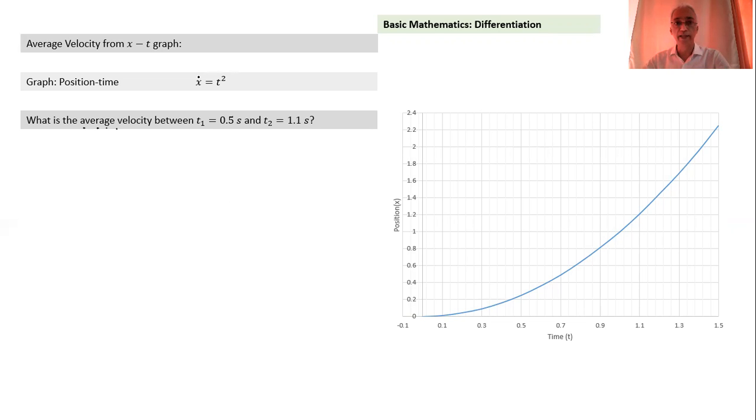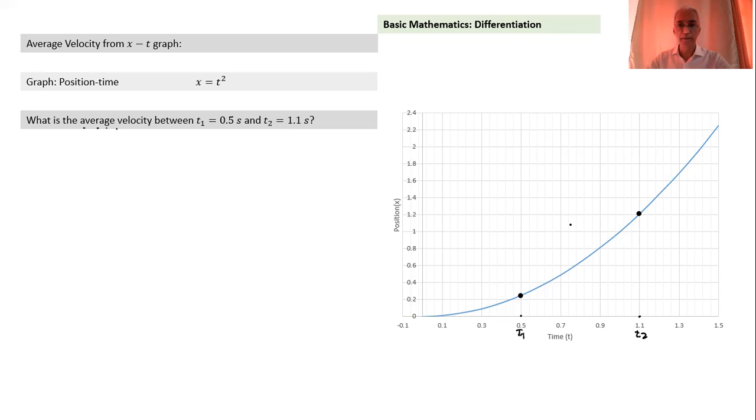So what is the average velocity? Using either this equation or the graph, can we find the average velocity? If I'm going to use the graph, let me mark the points on the graph corresponding to these two instants of time. Corresponding to t1, this is the point on the graph, and similarly corresponding to t2, this is the point on the graph here.